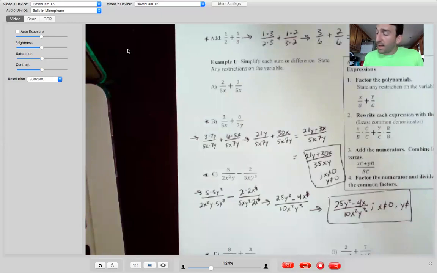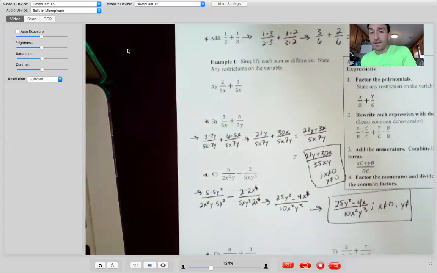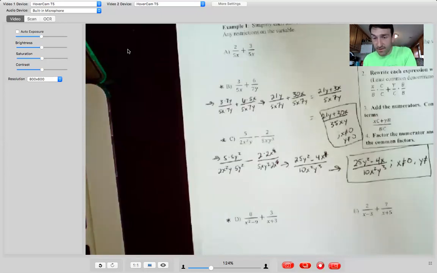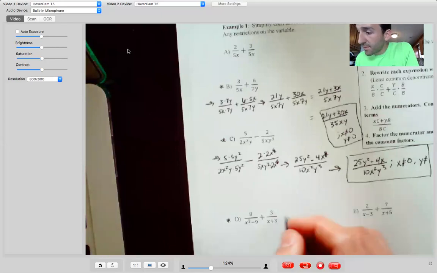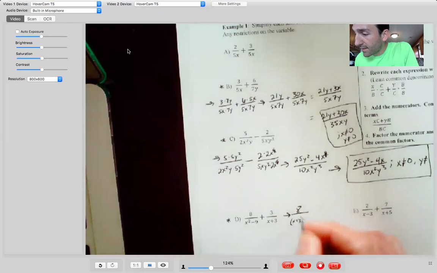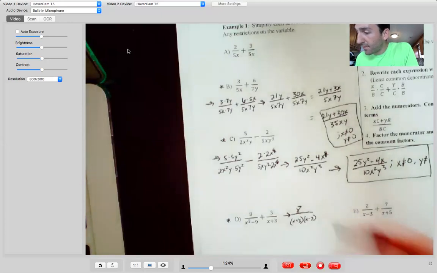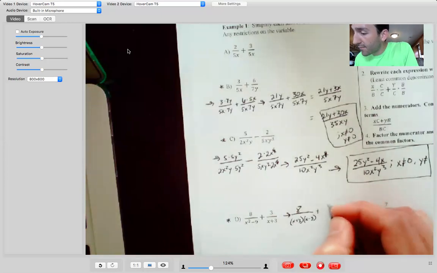All right, and then moving on to D. It's really important on one like D that you go ahead and factor first. Recognize this is the difference of squares. So I'm going to just rewrite this, not changing anything, as 8 over x plus 3 times x minus 3. Because if we don't do that, then we're going to get a way bigger fraction than we need.